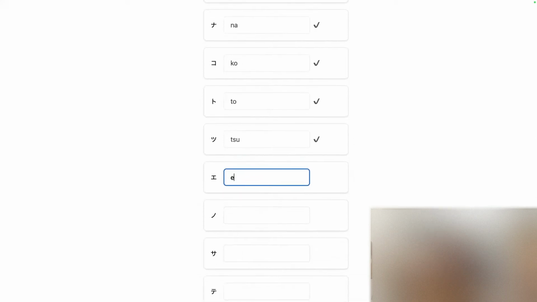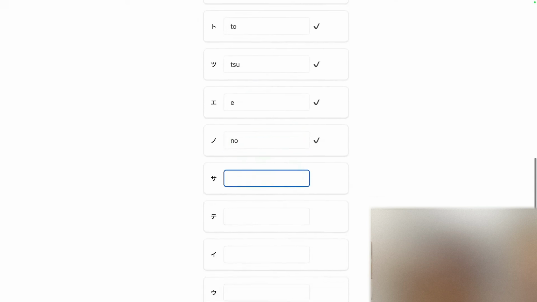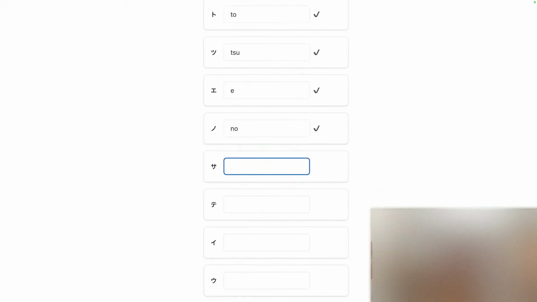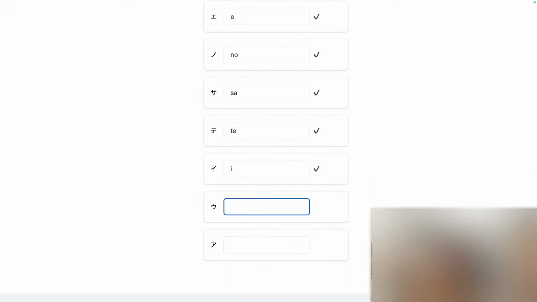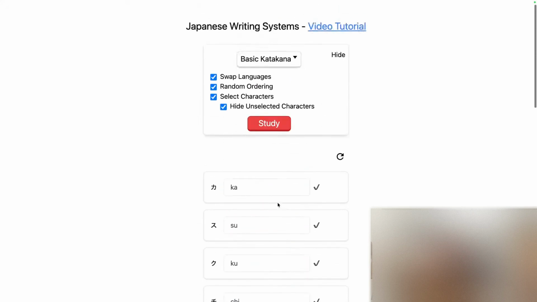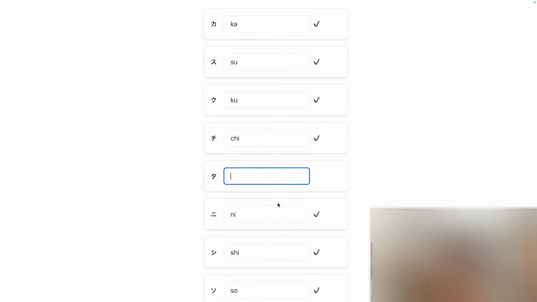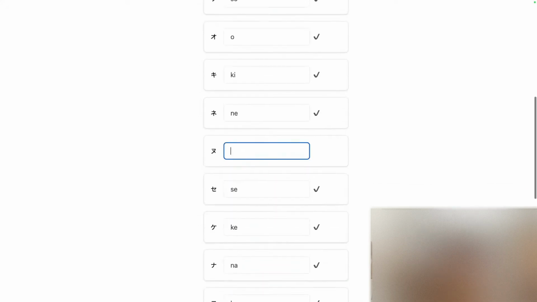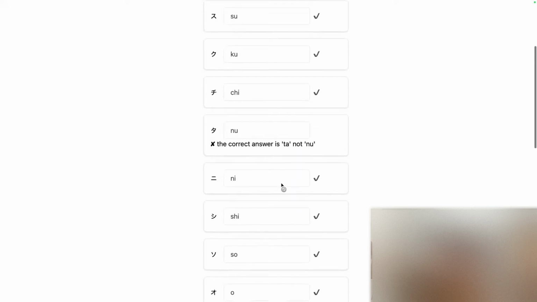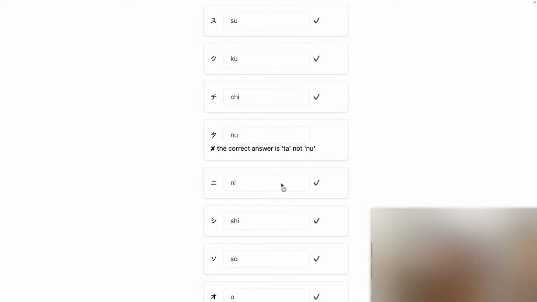This is E, despite looking like I. This is No. It's a rejection, kind of. Sa, te, I, U, A. So then, what is this? Nu? Nu? So what is this? This is Ta.